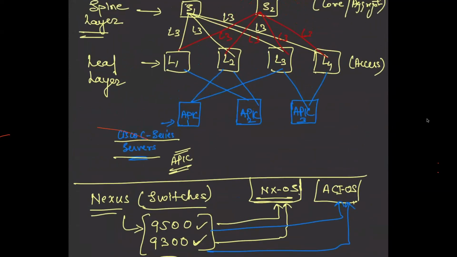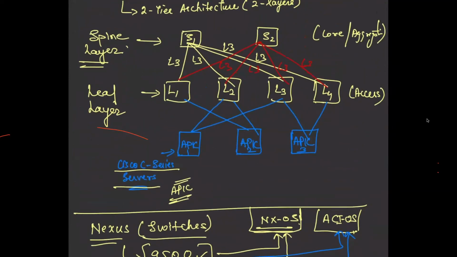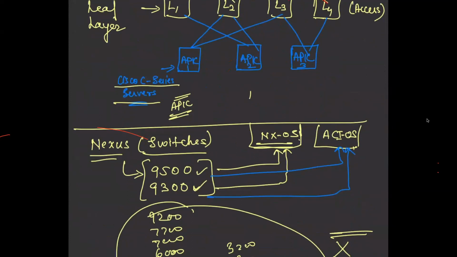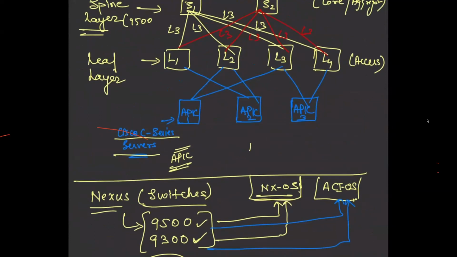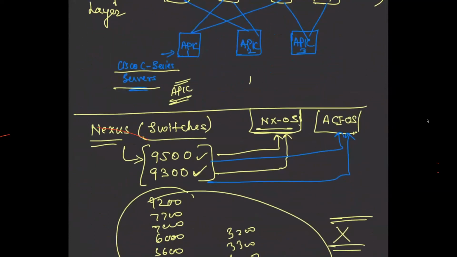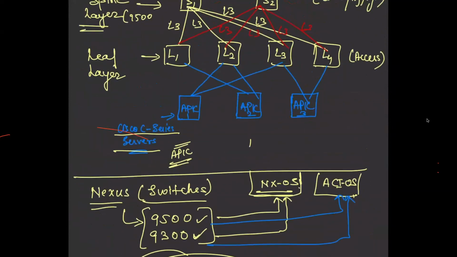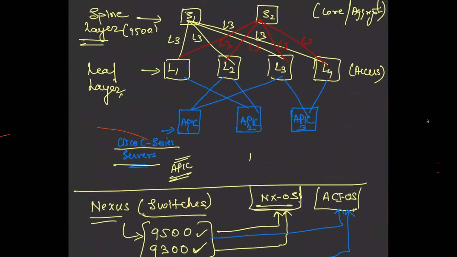The 9500 series is used for your spine layer. If you are in a large organization, you use 9500 in the spine and 9300 in the leaf.